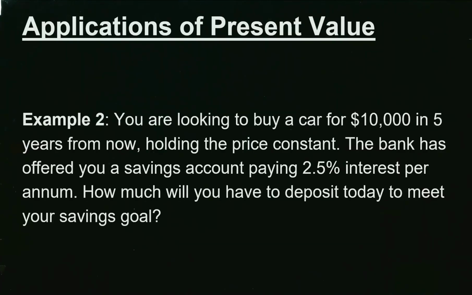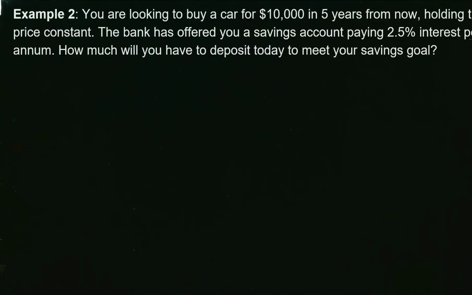So let's have a look at our car example from earlier on, but from a present value perspective. You're looking to buy a car for $10,000 in 5 years from now, holding the price constant. The bank has offered you a savings account paying 2.5% interest per annum. How much will you have to deposit today to meet your savings goal?